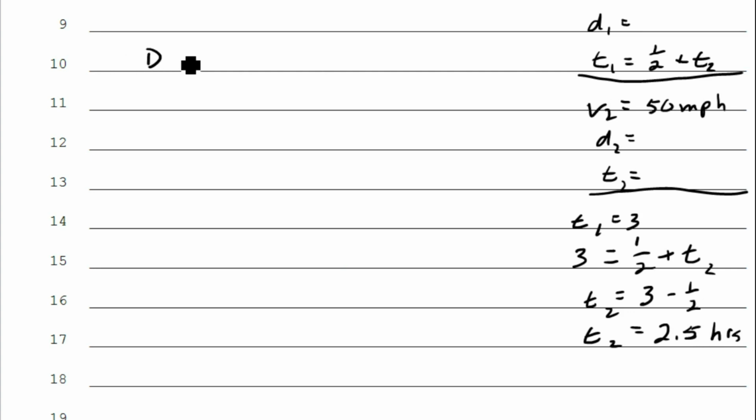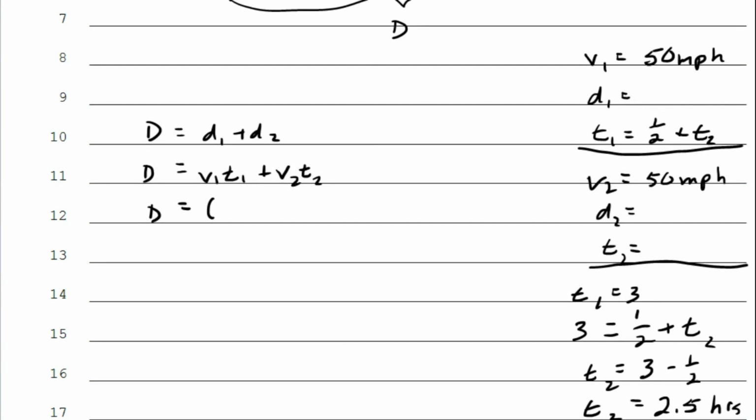And then again, starting from D equals D1 plus D2, you've got V1 T1 plus V2 T2, and we know all these values here and just plug them in.